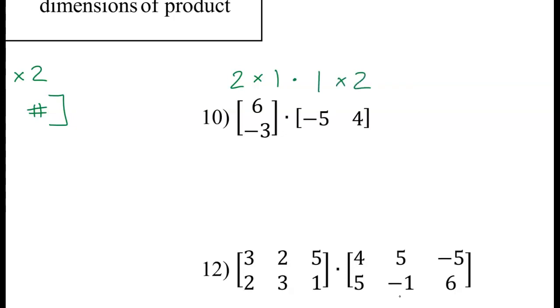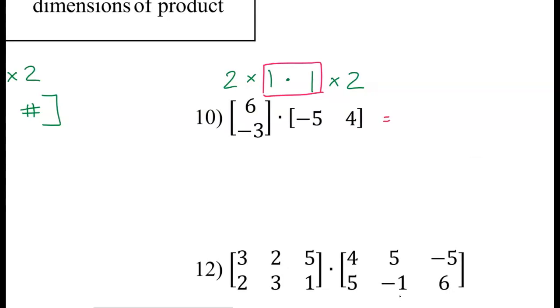Can I multiply these? Yes, we can, because the middle numbers match. What is the size of our product matrix? Yes, 2 by 2, because those are our outside numbers.